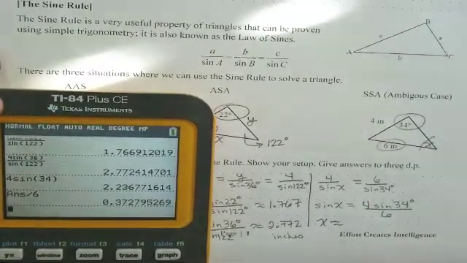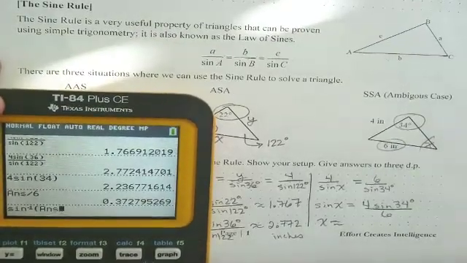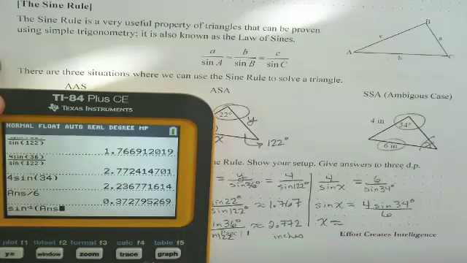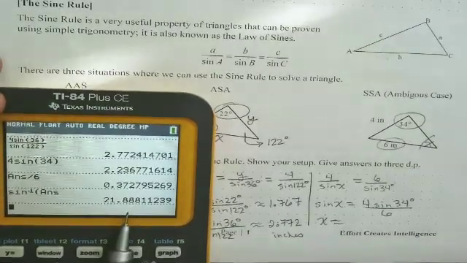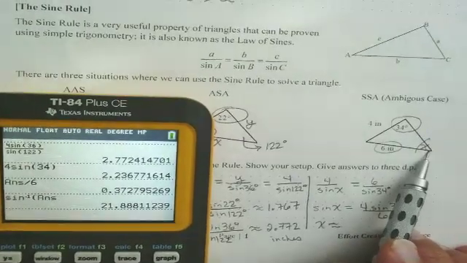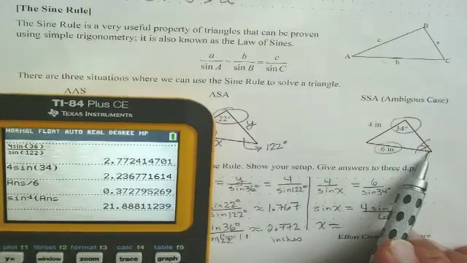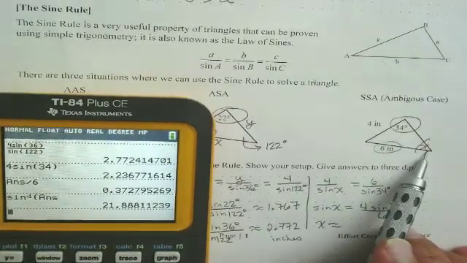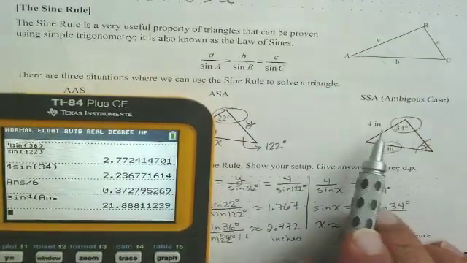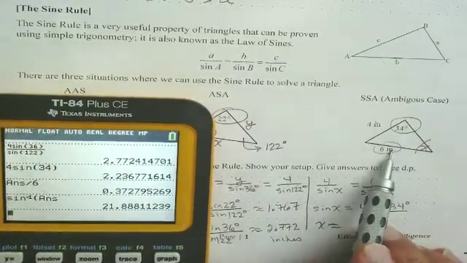Well, to get to x, I need to take the inverse sine of that number. So the inverse sine of that answer is 21.8. Well, this right here, 21.8, would work for us. It would work for us because this angle is less than 34 degrees and this side is less than 6.